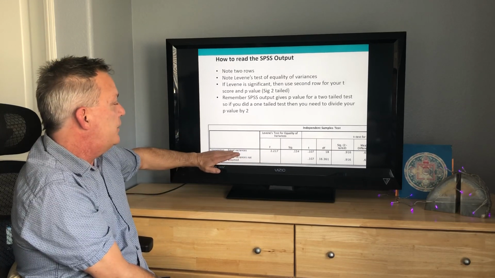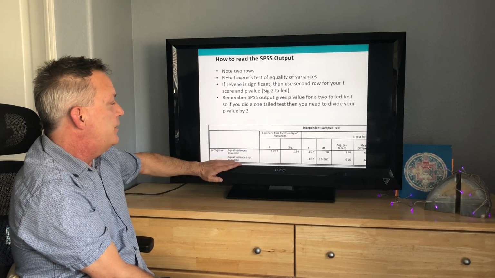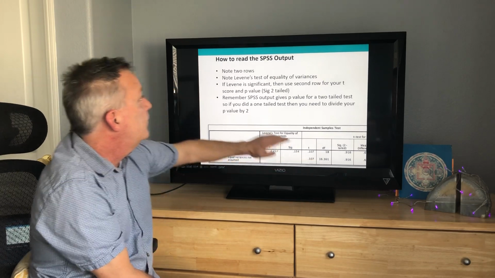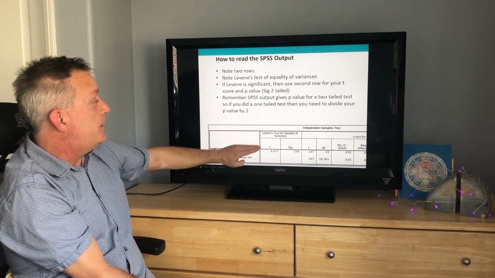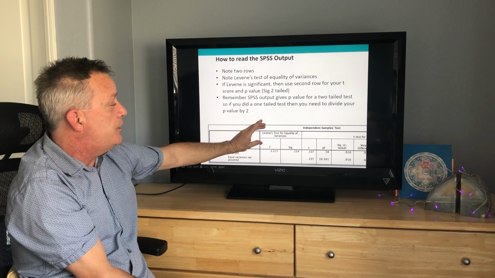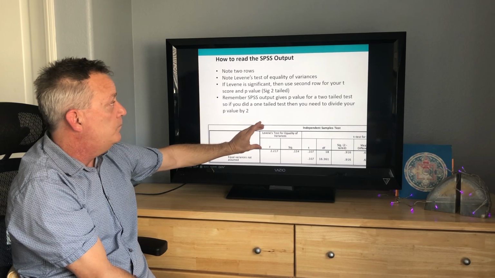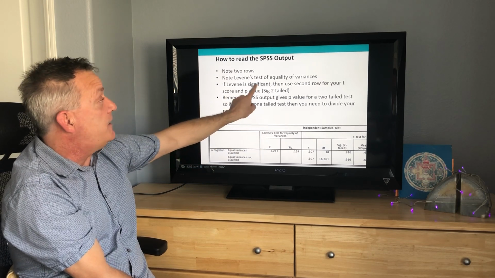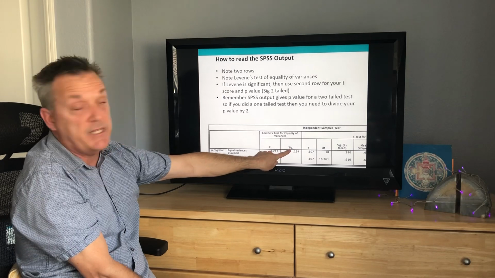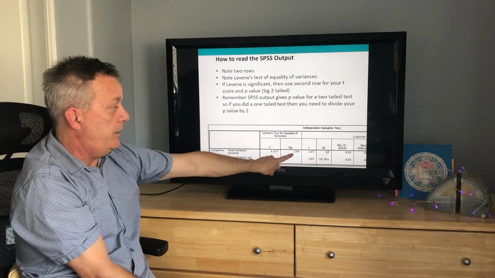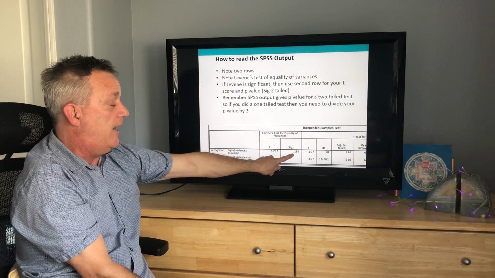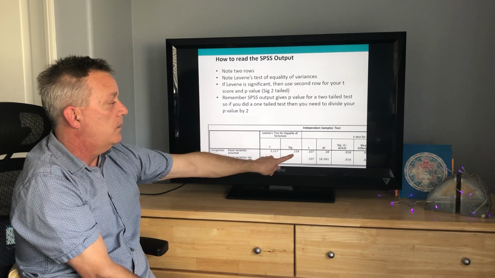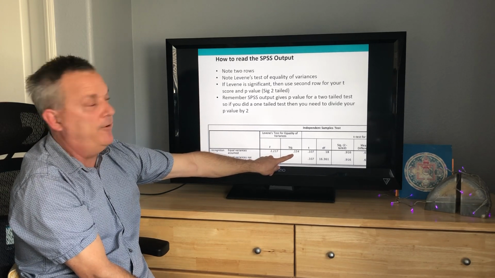The equal variance is assumed row, and the equal variance is not assumed row. And note the Levene's test of equality of variances right here. If the Levene test is significant, notice the sig right here, which it's not. It's 0.154. That's not below 0.05, of course.